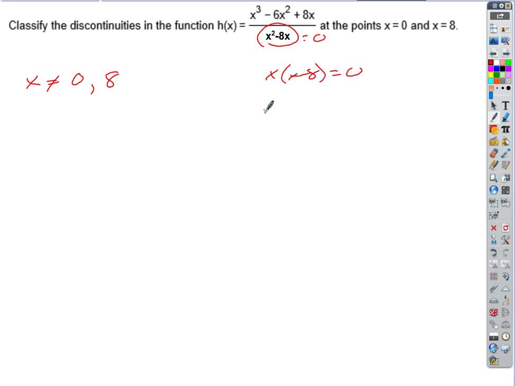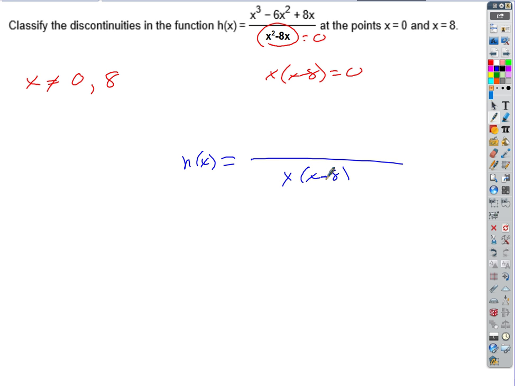Which one is which? Well, how would I know which one's removable and which one's non-removable? What do you think? What am I going to do? Any ideas what I could do here if I've got the bottom factored? That's how I find my zeros at the bottom. What else would I need to probably do here? Okay.